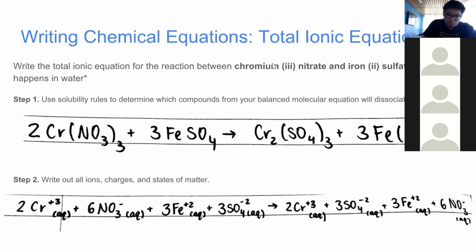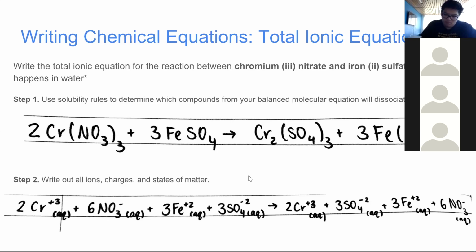Okay, so hopefully you had some time to figure out which compounds dissociate or not. And it turns out for this particular reaction, all the compounds will be soluble in water. So when we write the total ionic equation, we need to include the amount or the number of each ion, its charge, and the state of matter that it's in.